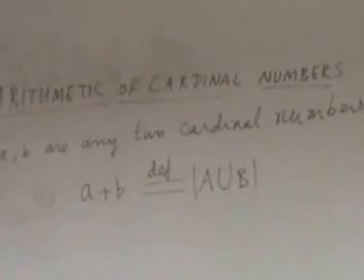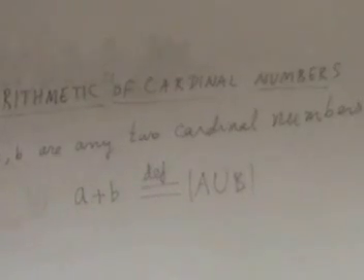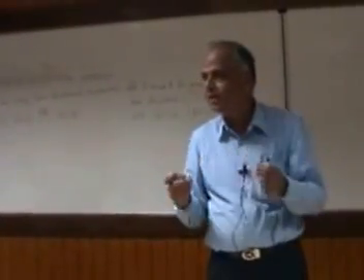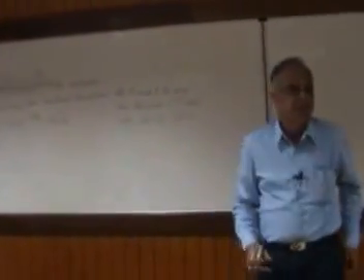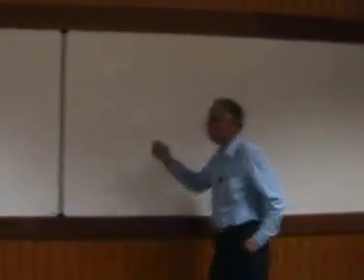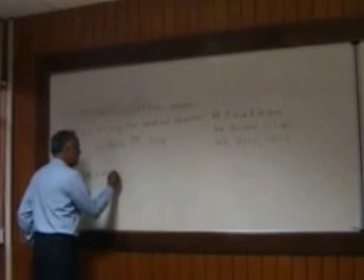This follows from our normal addition: if you have two positive integers A and B, and a set with cardinality A, another set with cardinality B, and if they are disjoint, A union B will have exactly A plus B elements. The number of elements will be A plus B. We simply generalize this. I went through this last time.